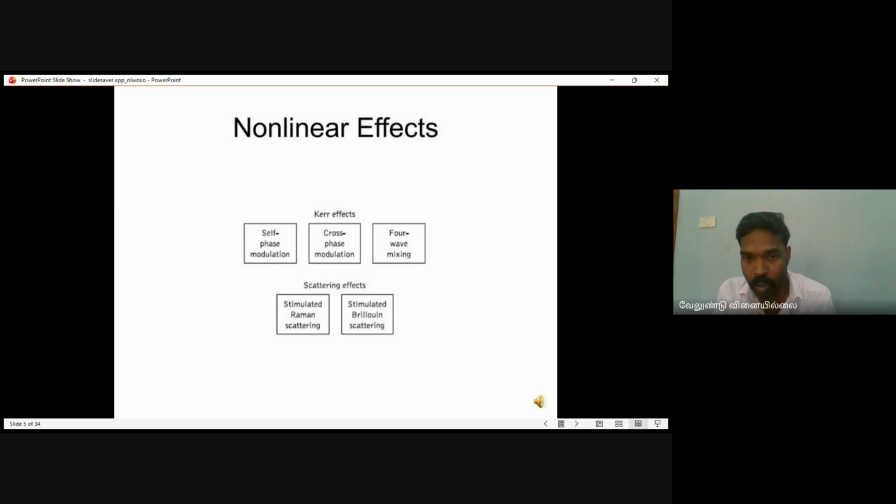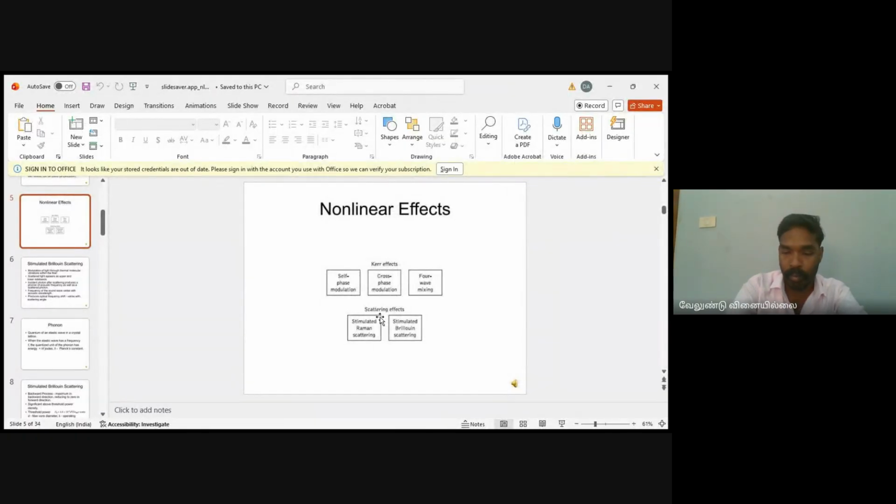But in stimulated Raman scattering, it only gives the low-energy optical frequency, because some of the optical frequencies are absorbed by the molecule itself. That's the reason for the nonlinear effects. So this is the complete idea behind the nonlinear effects. It's no issue, we will discuss those things. Next one, we move on.